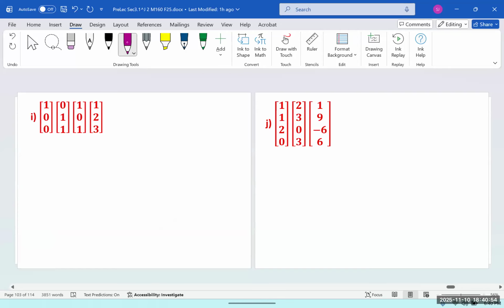What is the dimension of the space? R what? R4. How do you know? 4 rows. 1, 2, 3, 4. So we have only 3 vectors in R4. You already know the answer for 5. Do they form a basis? No. Why not?